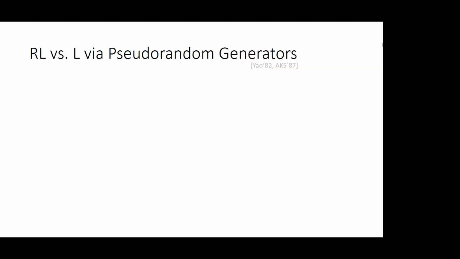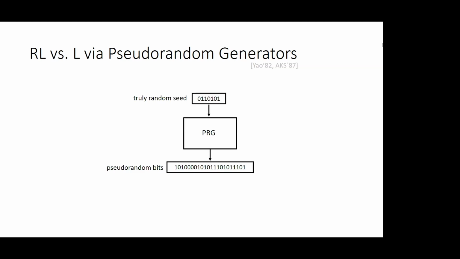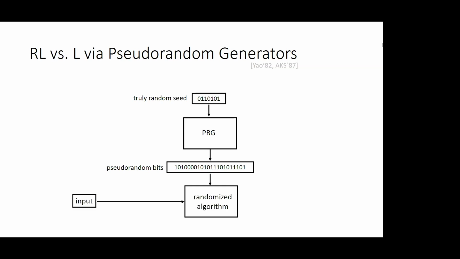One approach is pseudorandom generators. A pseudorandom generator is defined as an algorithm which takes as input a truly random number called a seed, which you should think of as a short string of numbers, and outputs a much longer string of numbers, which is called pseudorandom, meaning that it appears to an algorithm as if it were a truly random sequence of bits, and the algorithm can't really tell the difference.